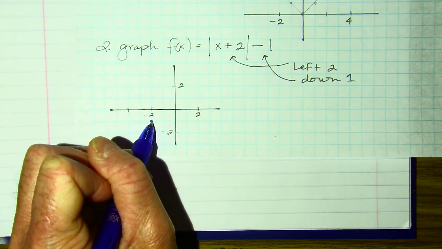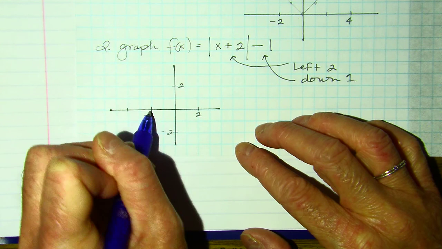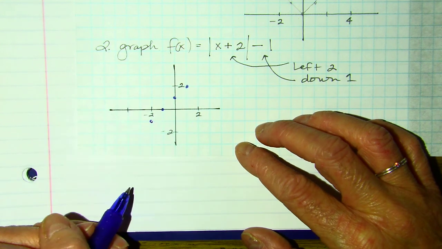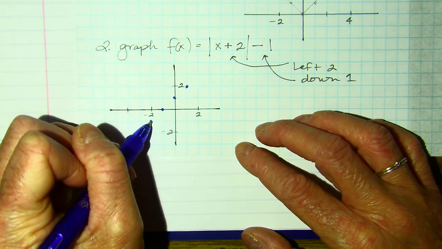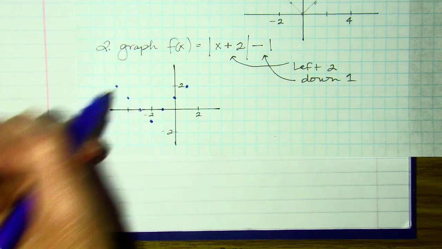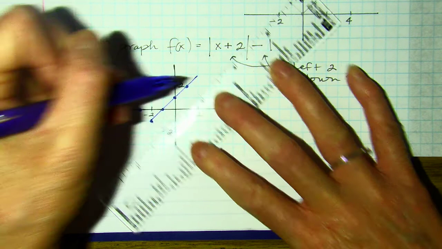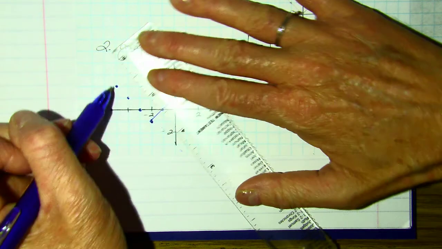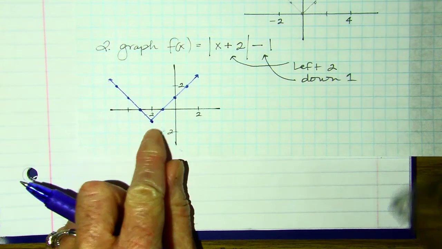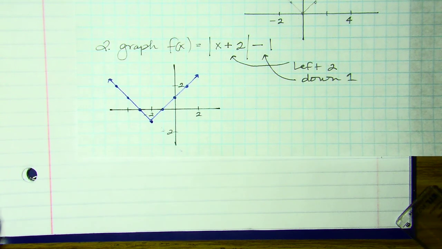Now I know it forms a perfect V with a slope of 1. So up 1 over 1, up 1 over 1, up 1 over 1. Going back to the middle, now I'm going to go to the left, up and over, up and over, up and over. So if you can remember that each side has a slope of 1, you're really only shifting that bottom point of the vertex. That point that should be at 0, 0, that's what you're shifting. Okay.